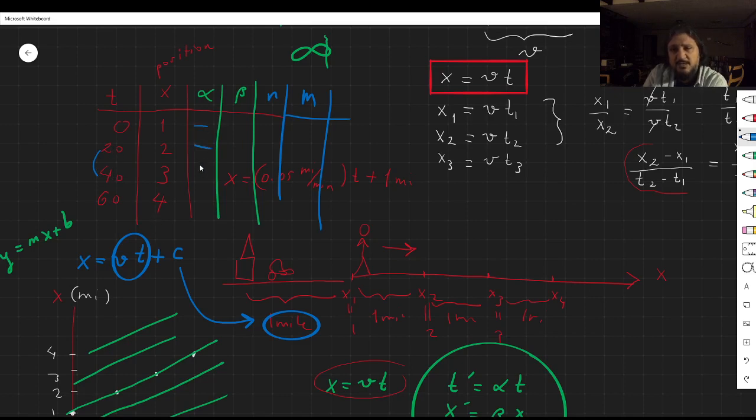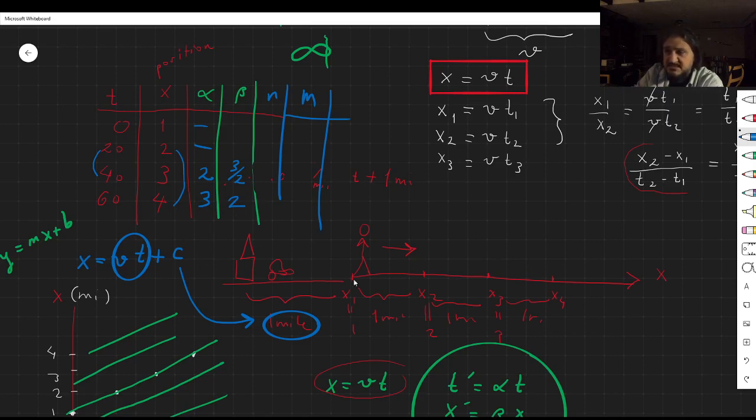Going from 20 to 40, alpha is 2. All right, let me erase this here. Okay, and then going from, let's say, 20 to 40, alpha will be 3. But going from 2 to 3, beta would be 3/2. And going from 2 to 4, you have a factor of 2.